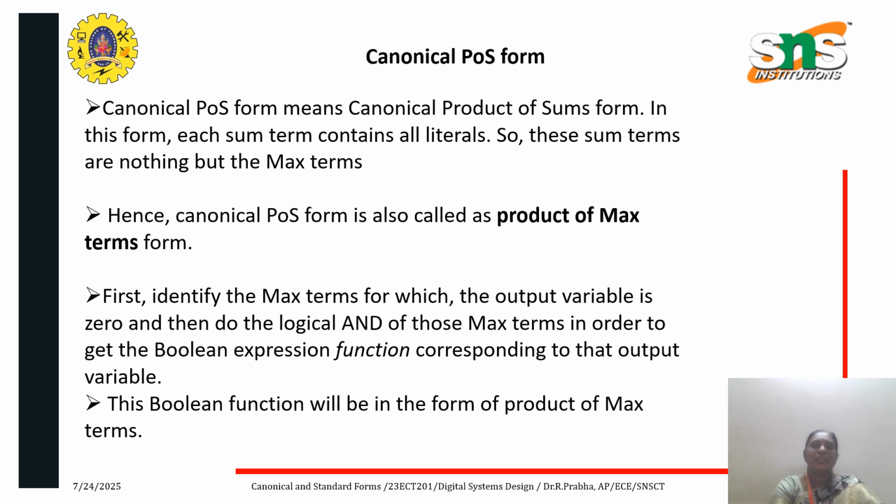It is called canonical product of sums form, and this is called the product of maxterms form. So for the maxterms, the output variable is 0 and then we do the logical AND of those maxterms in order to get the Boolean expression. So the Boolean function will be in the form of product of maxterms. A maxterm is the addition term or logical OR term. A minterm is called the AND term.